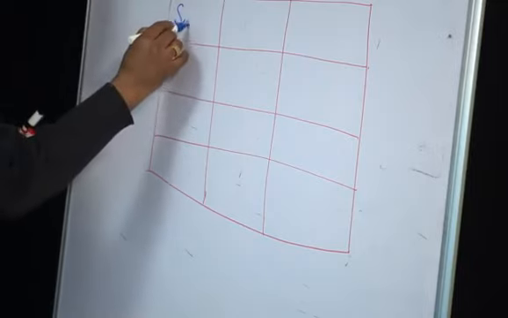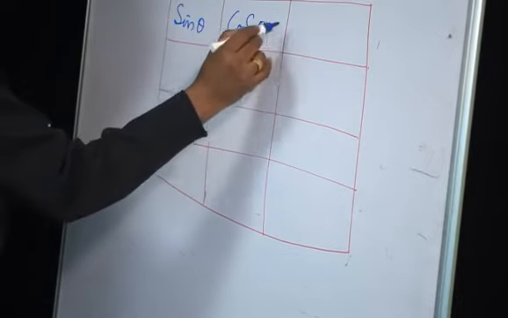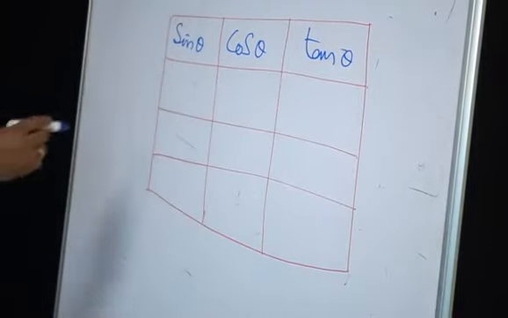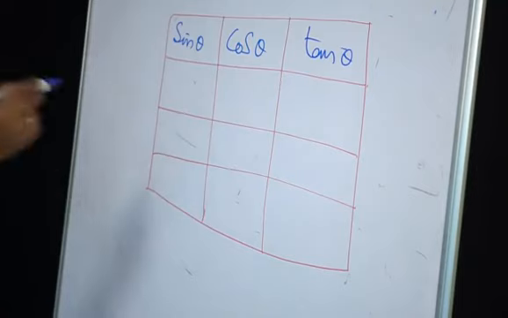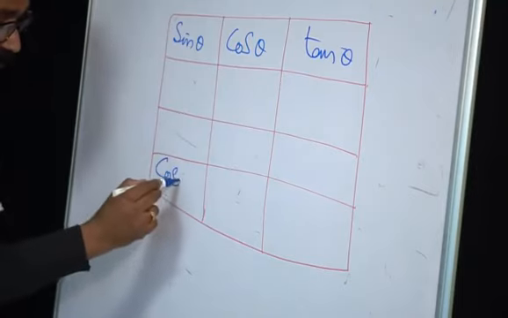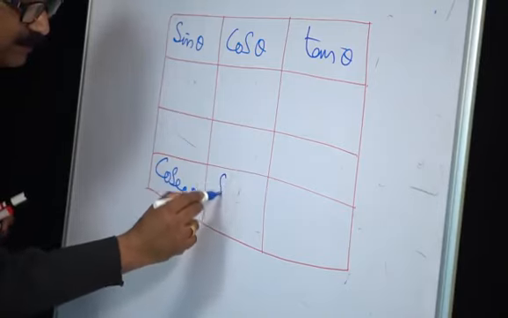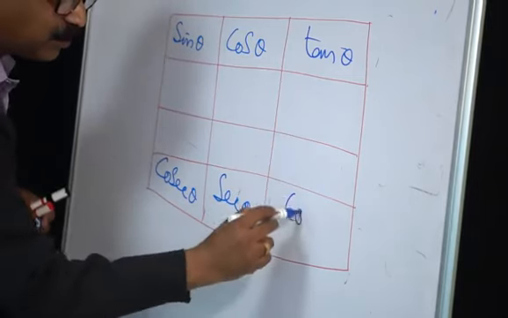I'm writing here sine theta, cos theta, tan theta. And we have to write down here the reciprocal of sine. What I told you? Cosec theta. Here reciprocal of cos, sec theta, correct? Reciprocal of tan, cot theta.